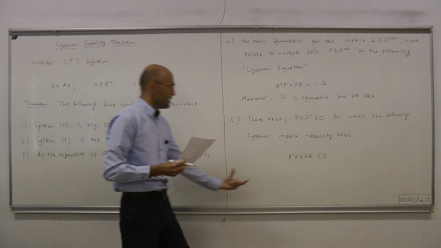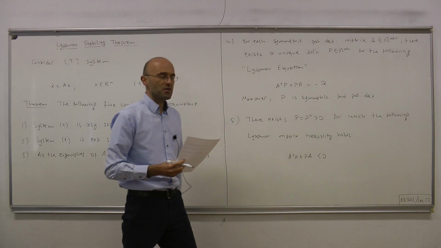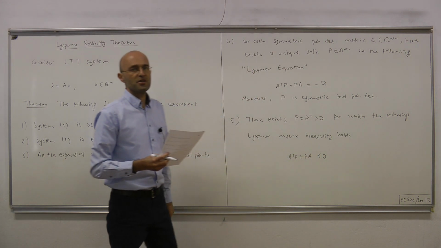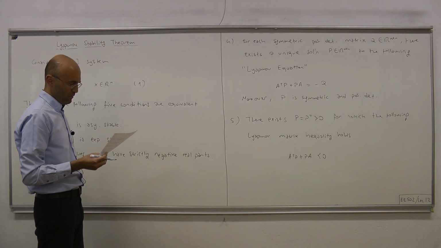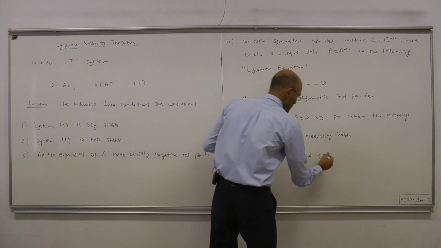And this means that this n by n matrix is, because of the notation, a negative definite matrix.